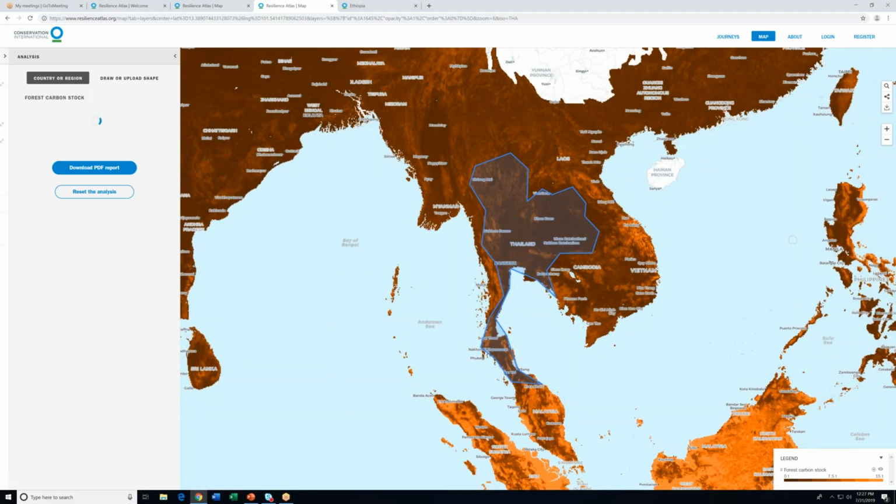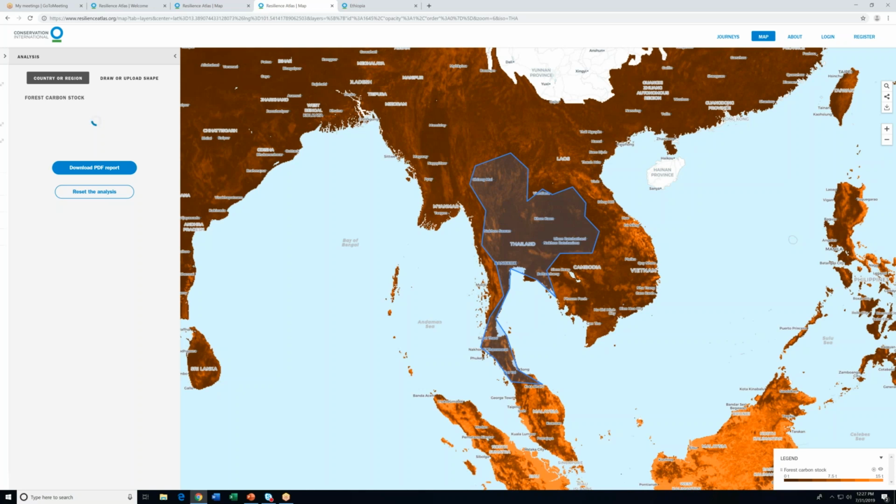It's a simplified boundary, obviously, but it gives you an idea. The analyzer will look at the layer you're analyzing, in this case carbon, and generate some quick summary statistics. I say quick, but it looks like it's still spinning.